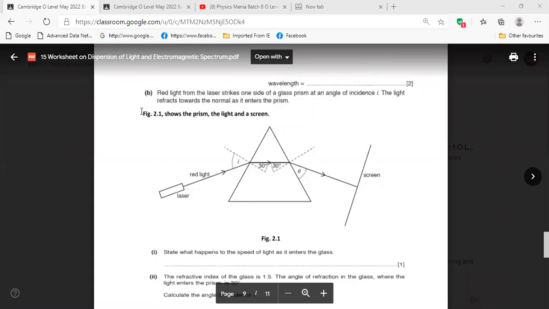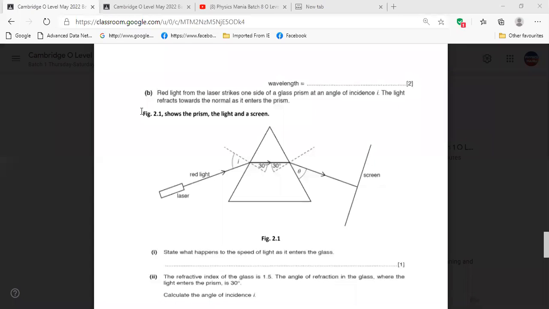Part B. Red light from the laser strikes one side of a glass prism at an angle of incidence. The light reflects towards the normal as it enters the prism. So here we have red light, right?